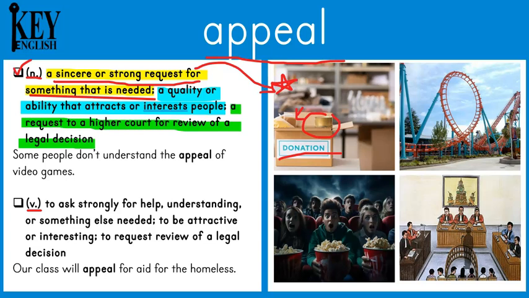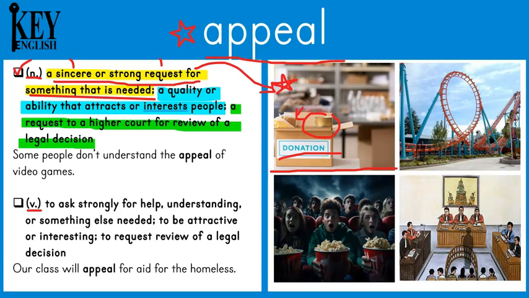So I can make a sentence like, "The charity made an appeal for food and clothing donations." So this charity, this kind of like a company who is trying to gather these items to help people, they made an appeal. That means that they are requesting, they're sincerely asking for these things because they are needed.